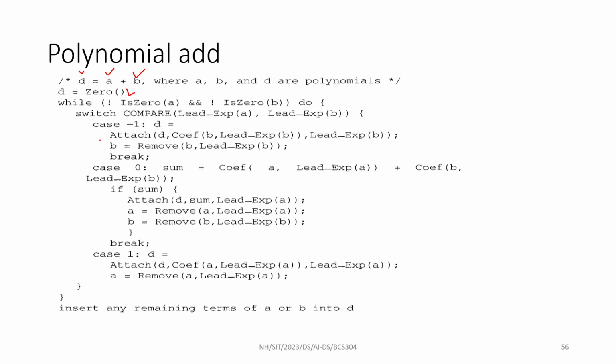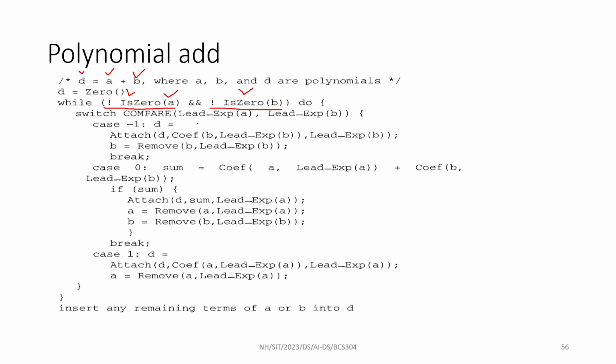When you are implementing, with a slight modification, you can do that. Here, the function zero returns nothing. Next, is not zero: A term is not zero, B term is not zero. You can see that A is not 0 and B is not 0.